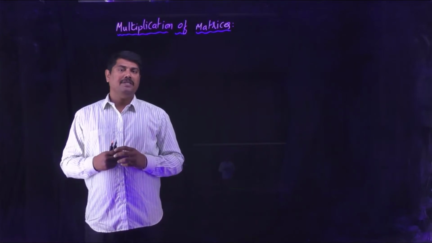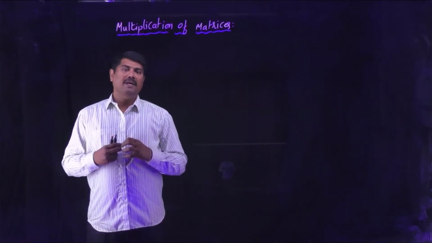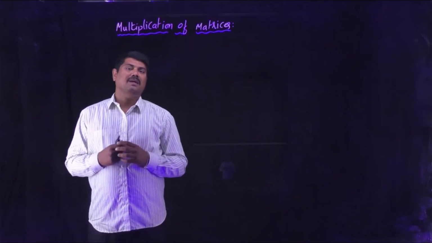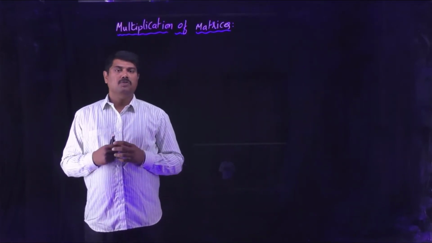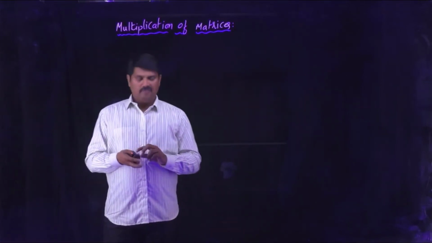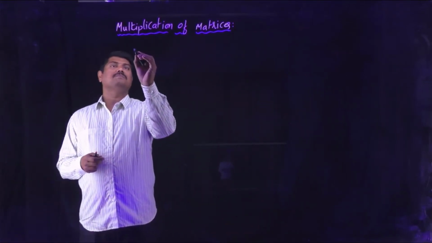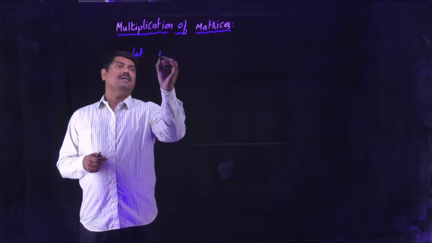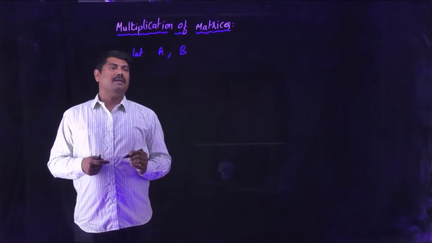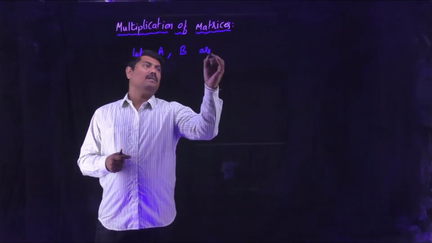What are the conditions required to multiply two matrices, and what are the properties that matrix multiplication follows, we will see in this video. Now, multiplication of matrices. For this, let us consider A is one matrix, B is another matrix.